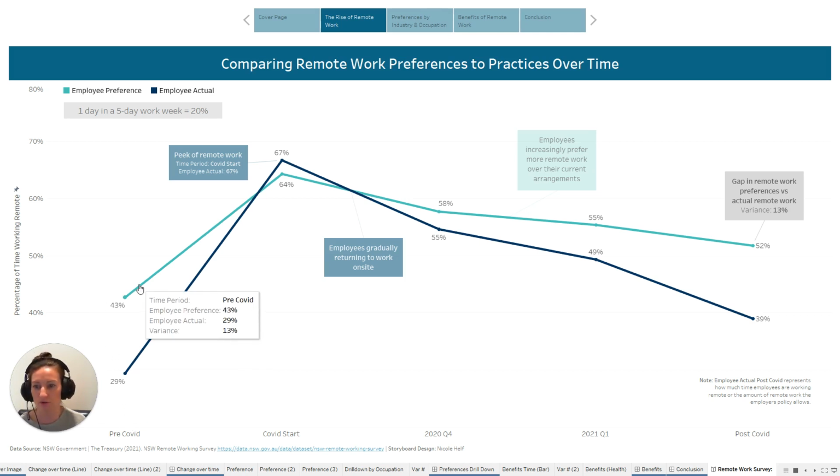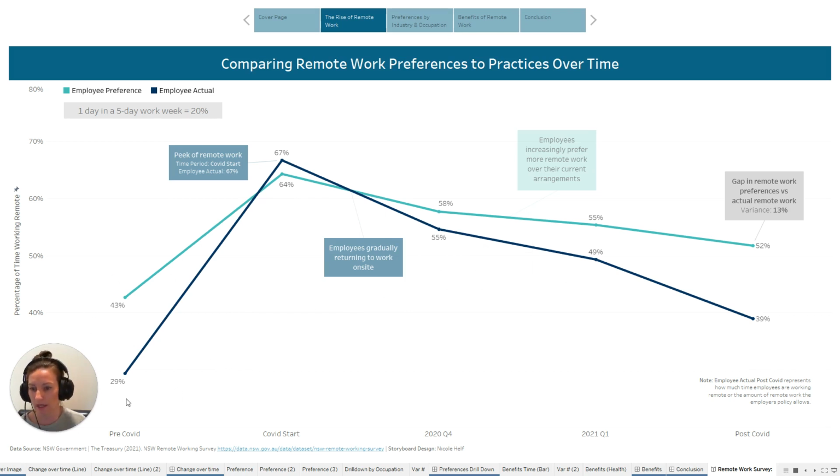How much time would you prefer to work remote pre-COVID? The same questions were asked at these different time periods. That's how I came up with these time periods, but we can't dive in too deep on specific time periods alone or create a trend line because of that reason. But it can give us a really good visual to see the shift over time.